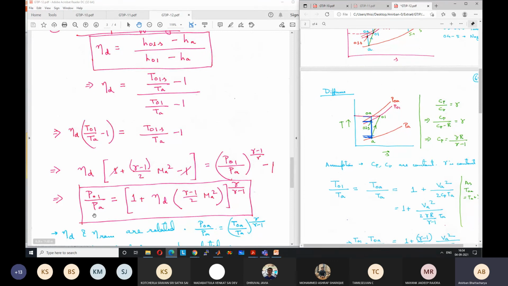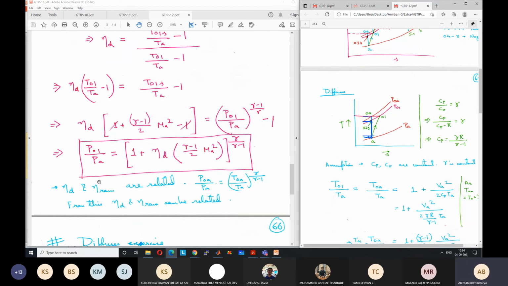So P01 by PA is equal to (1 plus eta d (gamma minus 1) by 2 Ma squared), the entire thing to the power gamma by gamma minus 1. Here everything is known. If diffuser efficiency is given, Mach number is known, gamma for the air is known, and PA is the ambient pressure, so we can find P01.